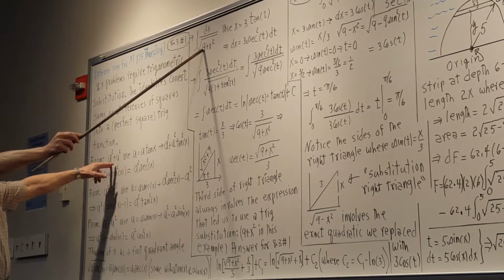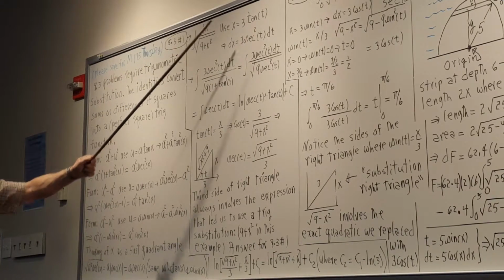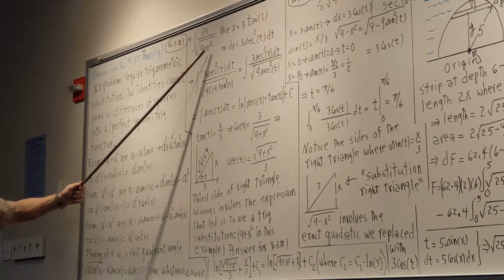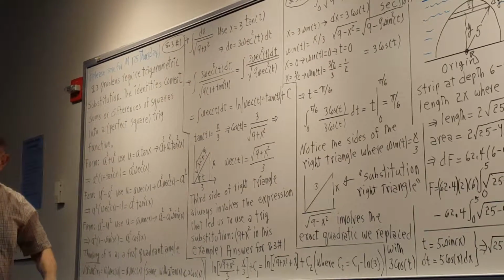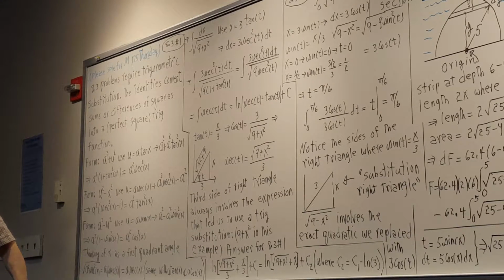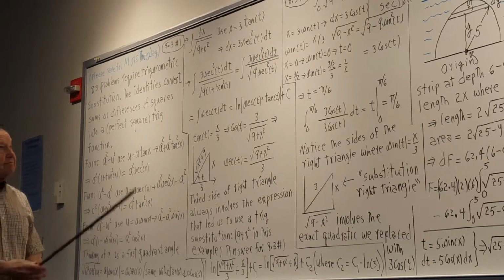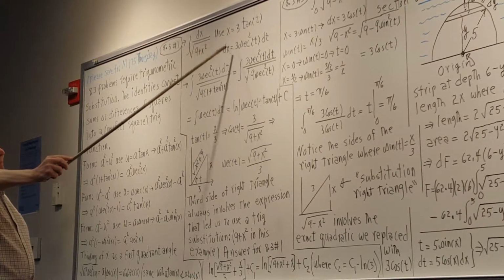So the a is 3 then. So x is 3 tangent. Since the variable here is x, you need to use some other letter for your angle. So I use t. Use anything you want. X is 3 tangent t then.